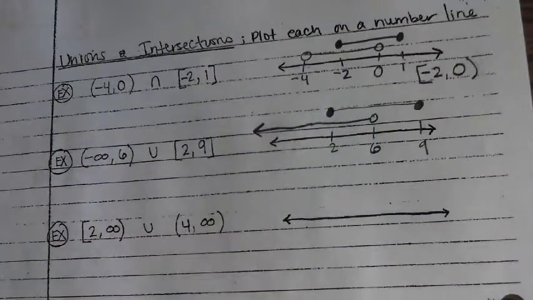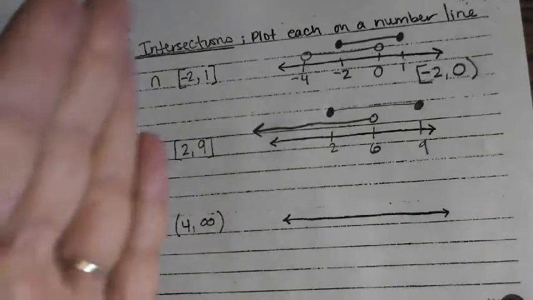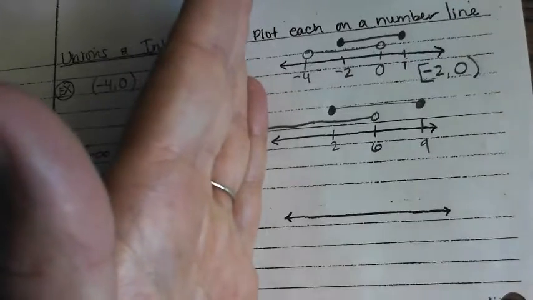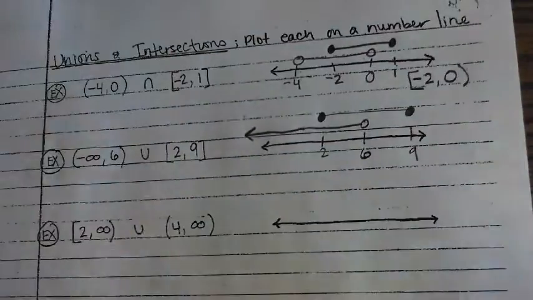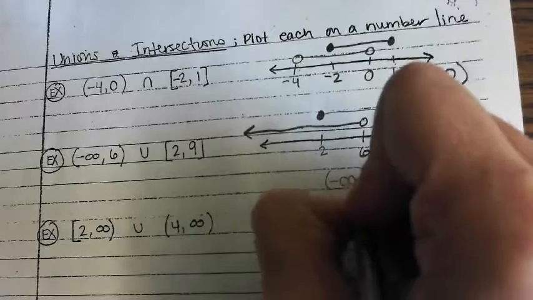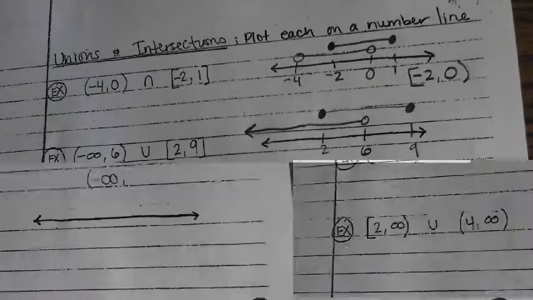So I'm really not interested in the overlap here because this is the union. I'm interested in anything that is included in either one of the two. So that's everything from negative infinity up until what? Trista.